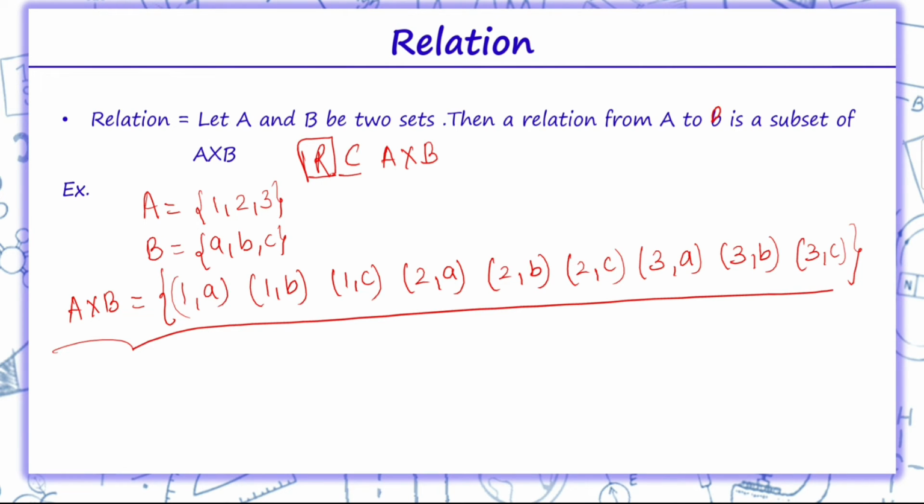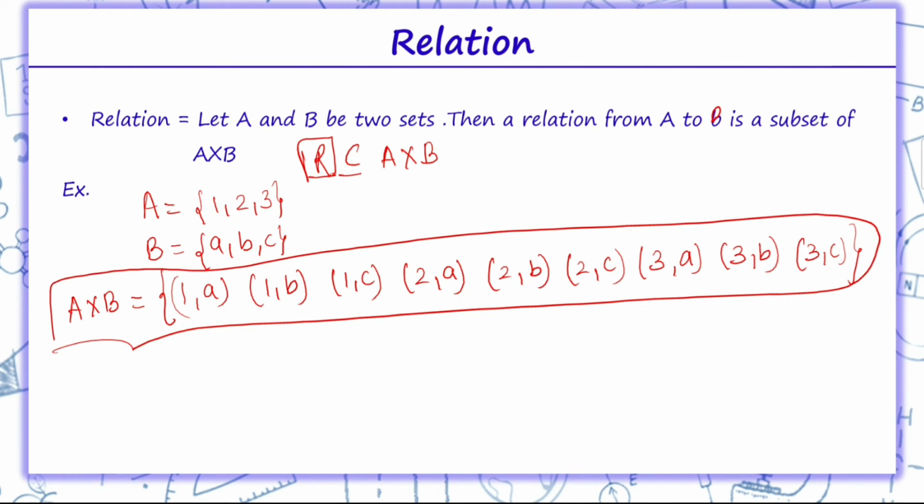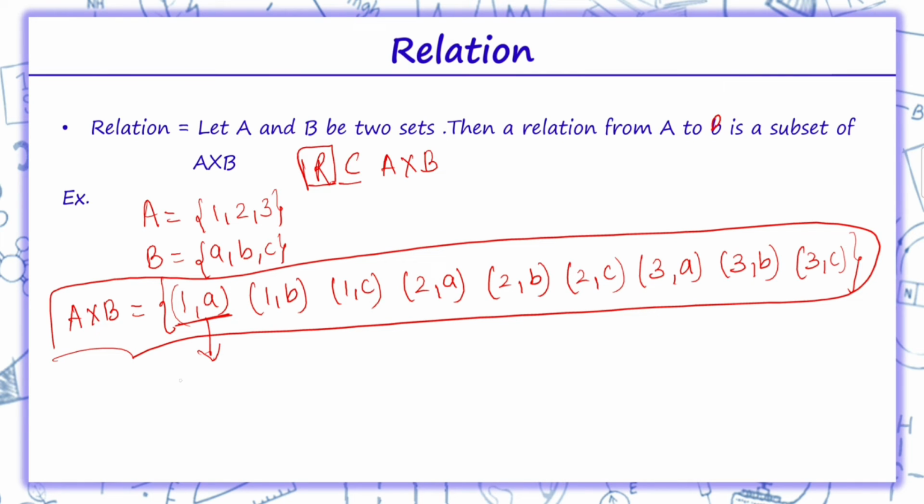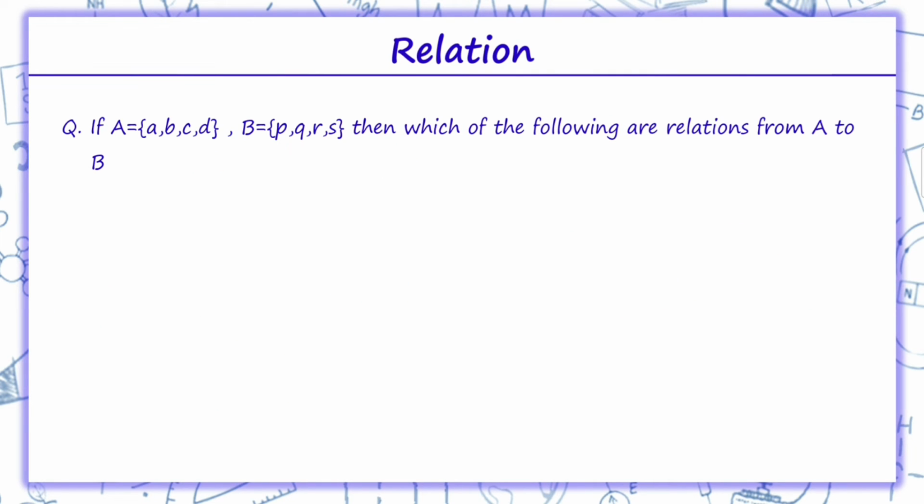This is only relation if no condition is given in the question. 1 is related to A, so we'll write 1 R A. So this shows 1 is related to A. Similarly 1 is related to B, 1 related to C. So hence we prove relation is basically the subset of Cartesian product, or it is equal to the Cartesian product.